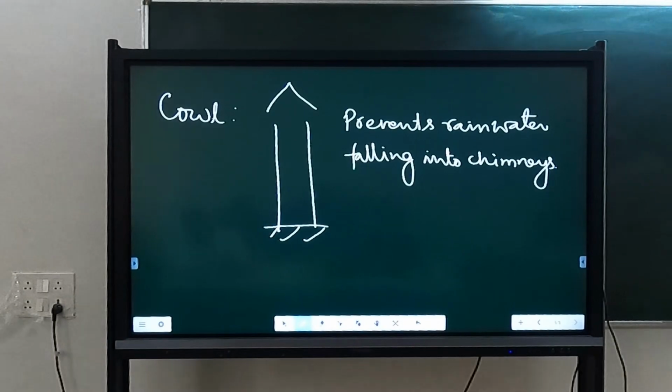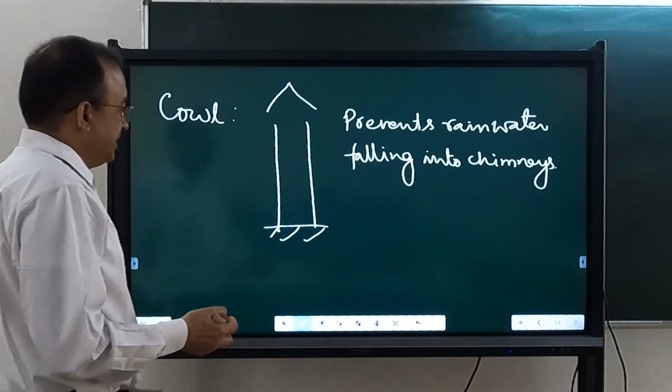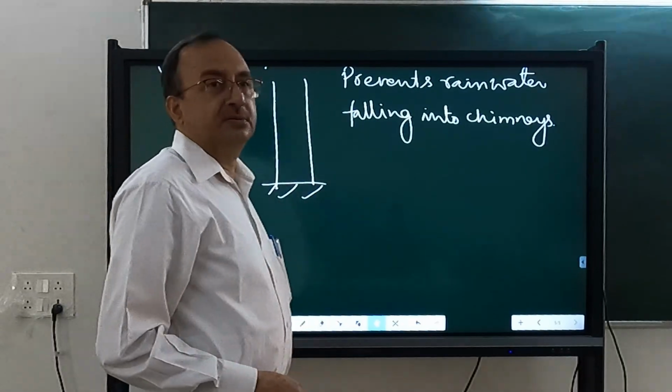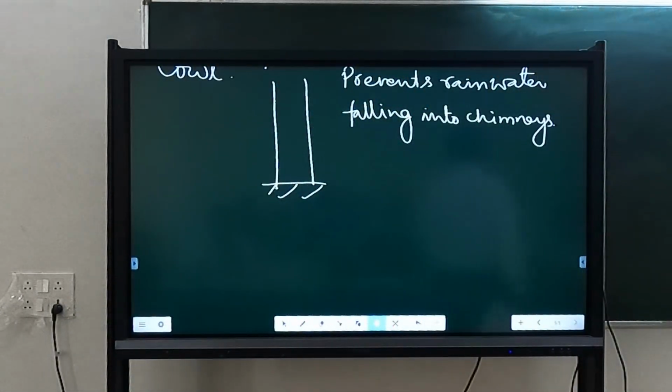Try to study chimneys as a separate chapter, advanced structures or advanced design.